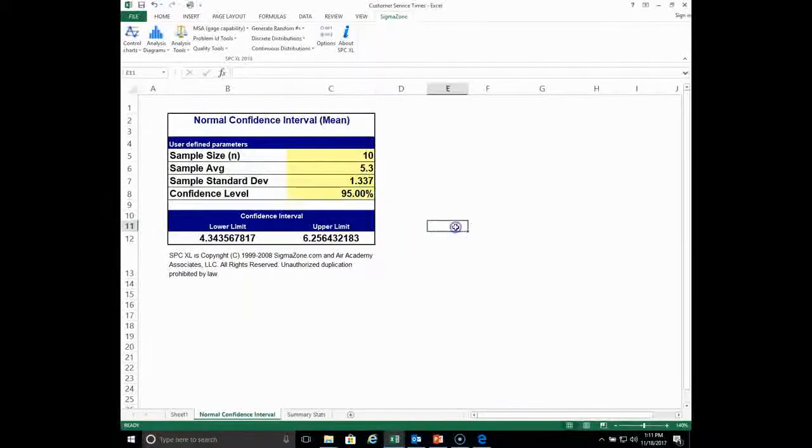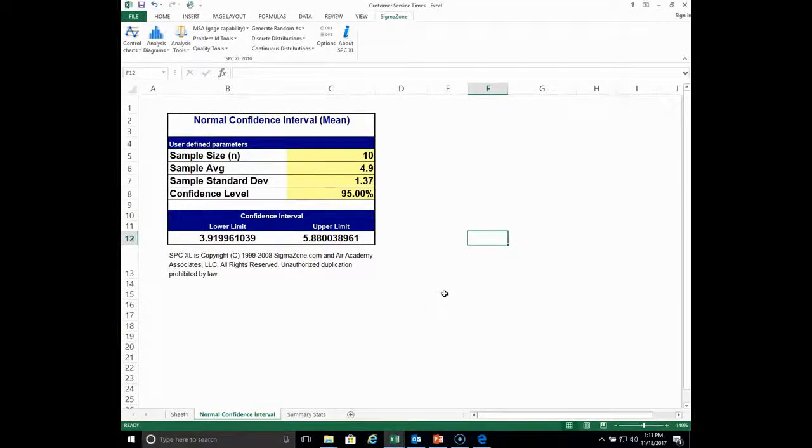And there again, you'll see that this confidence interval captured the value 5. And then let's take the third simulation that we did. It was also a sample size of 10. This was 4.9. This was 1.37, and we still want 95. And again, this confidence interval captured the true population mean of 5.